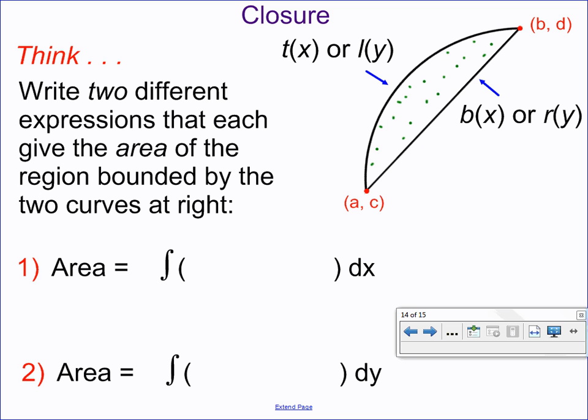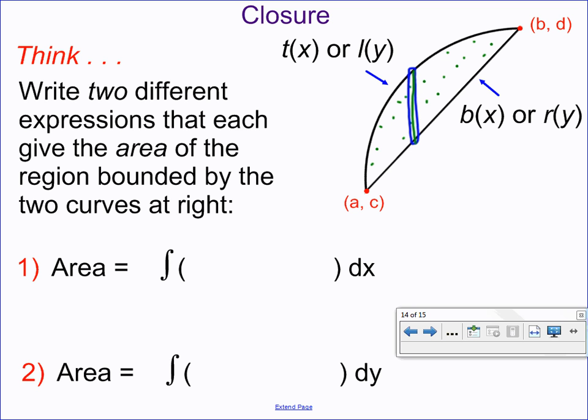Let's draw in a typical rectangle to connect the top curve to the bottom curve. The height of that rectangle would be kept positive so long as I did y equals top curve minus y equals bottom curve.